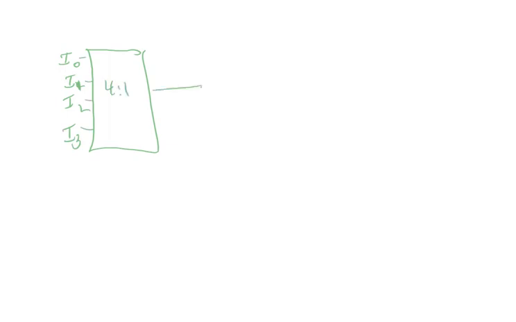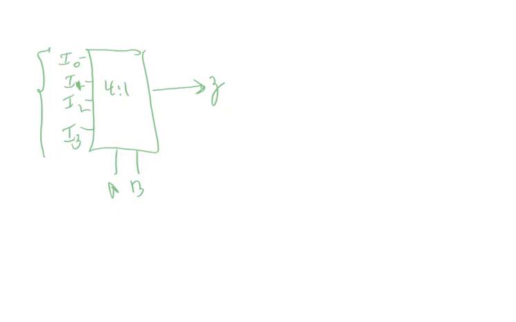The output will be Z, and the selectors will be A and B. Now, if I was going to do this with a truth table, it would be a bit of a bummer, because the truth table will have to have 2 to the 6 rows. So that's 64 rows, and that's too much for my little iPad.